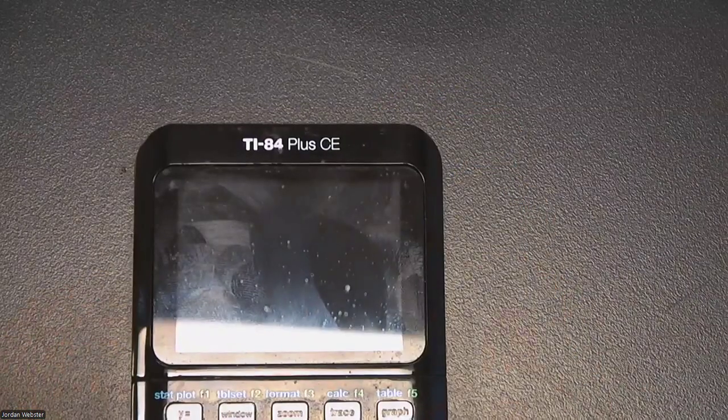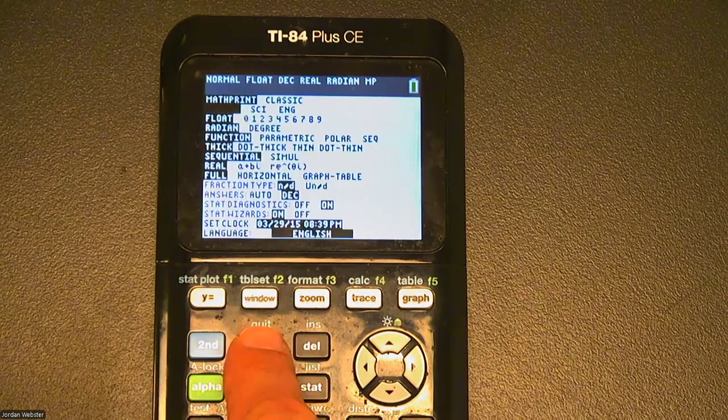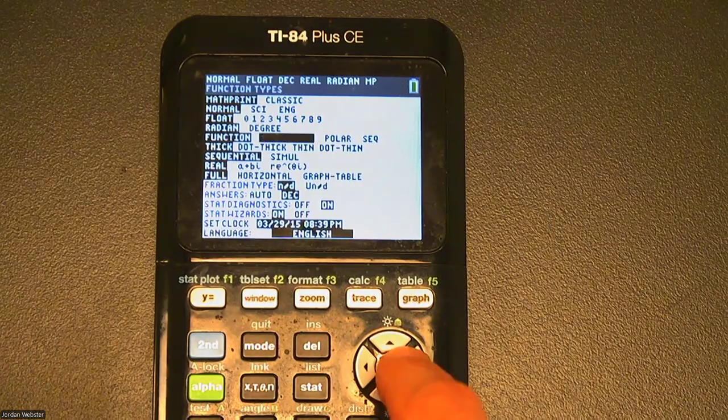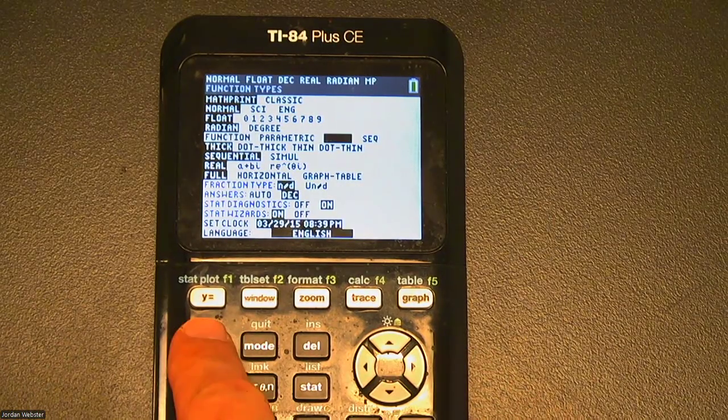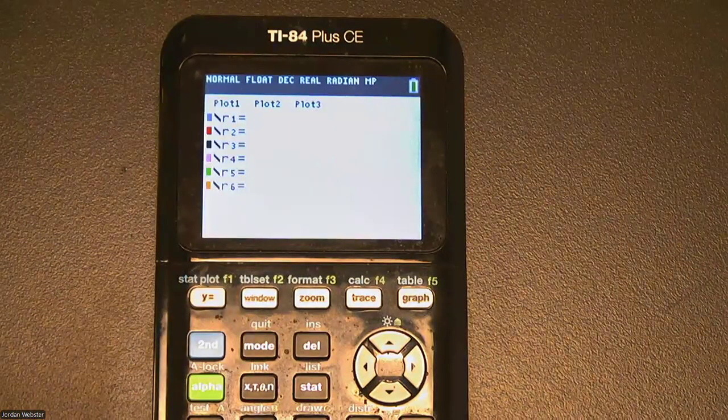So last time we talked about using the calculator in polar form, and all you have to do is make sure your mode is in polar form if you are graphing. And then when you hit y equals, you get the polar form of this.